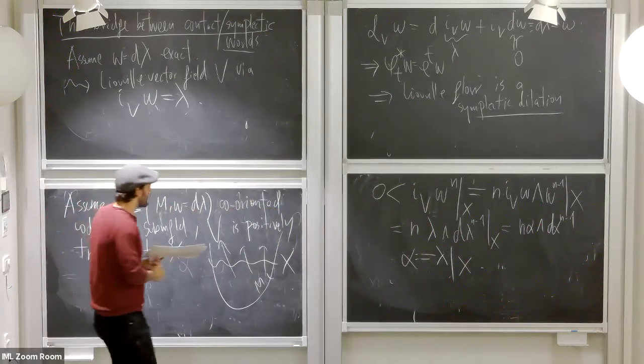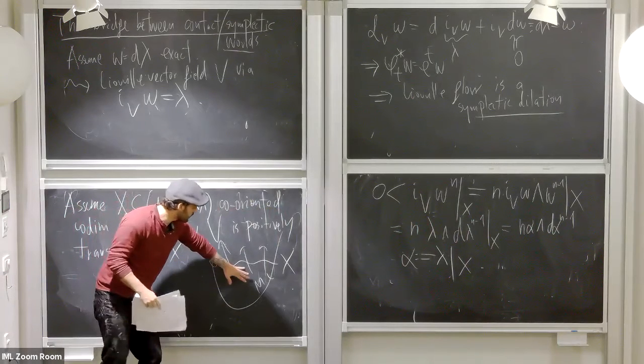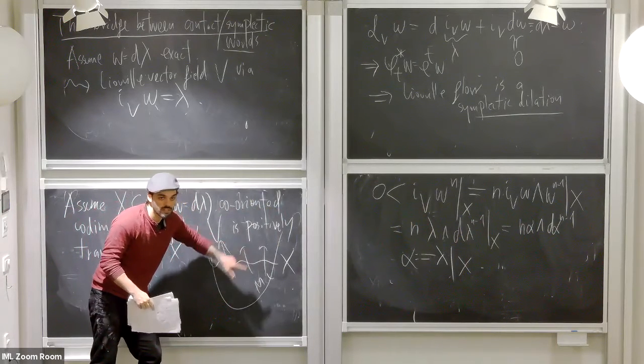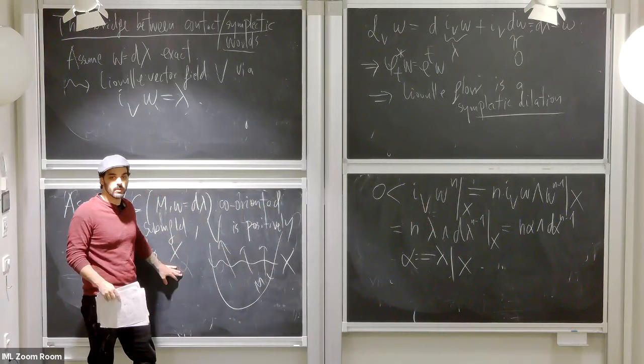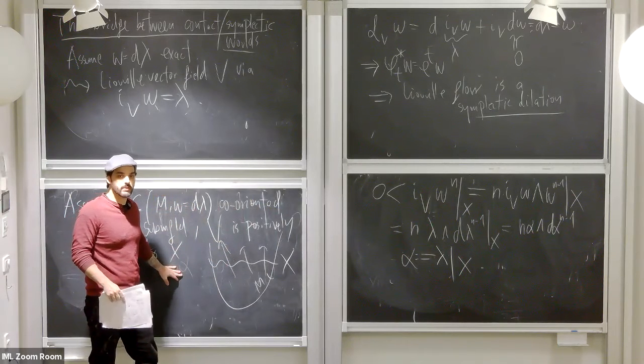So this proves that if you have a submanifold in such a way that your Liouville vector field is transverse to it, then the restriction of the primitive of the symplectic form to the codimension 1 submanifold is a contact form.